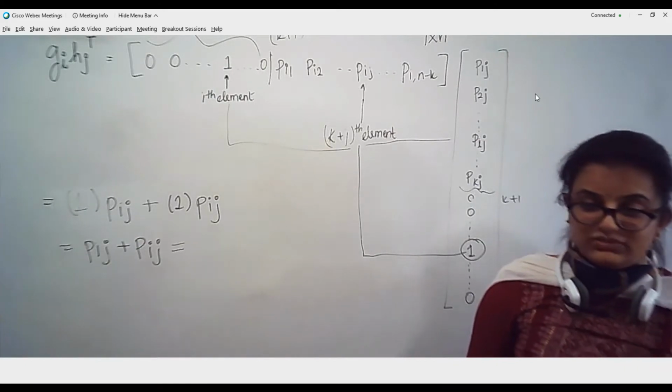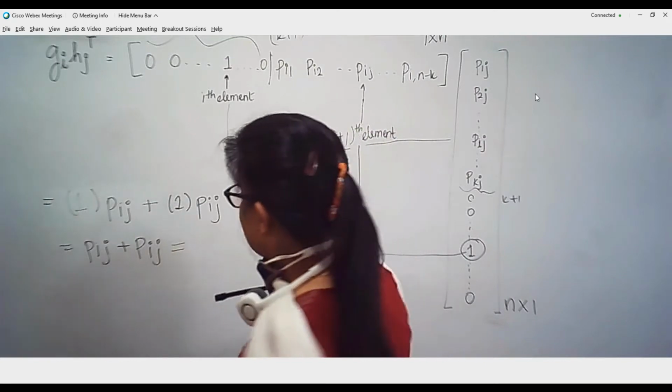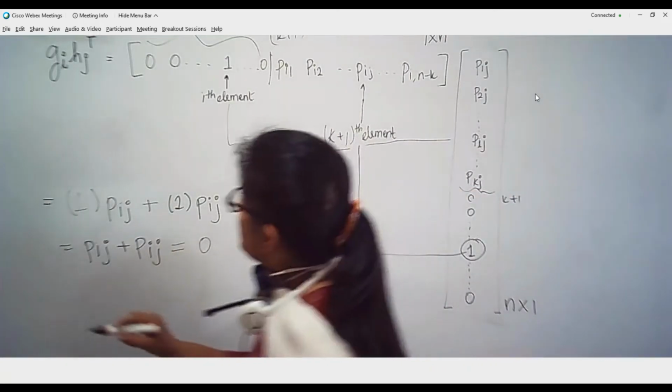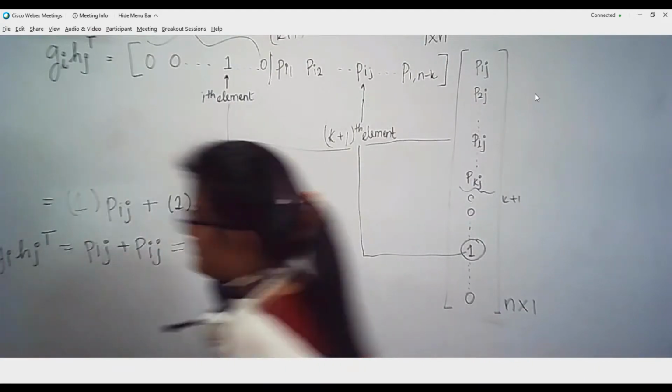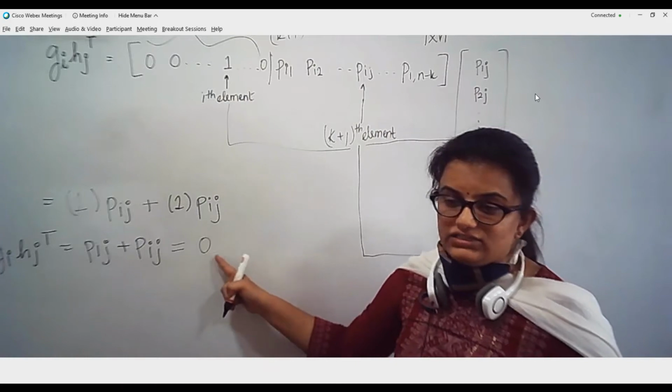When you add 0 plus 0, it is 0. 1 plus 1, what is the result? 0. Therefore, we get the result of G suffix i multiplied by the transpose version of H suffix j as always 0.